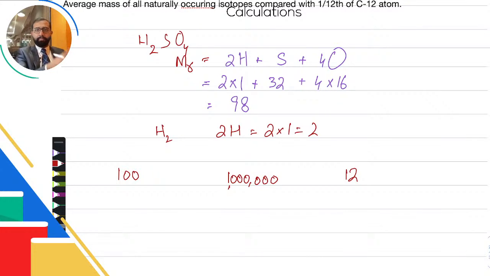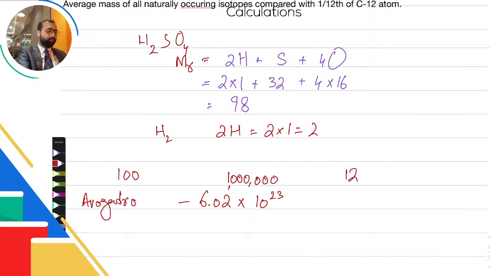So this is a number which has practically a different name. Just like that, there's a big number that is 6.02 times 10 power 23. It's a big number. It has 21 zeros after that too, if you were to write it in expanded form. But this number is called Avogadro's number, named after Amedeo Avogadro. So this is Avogadro's number.